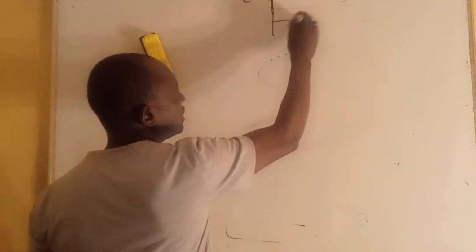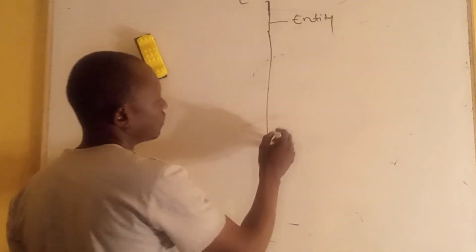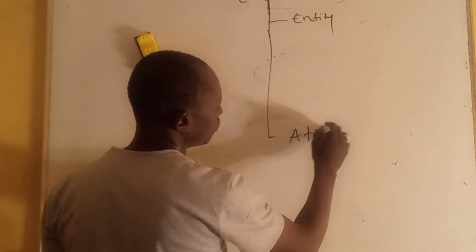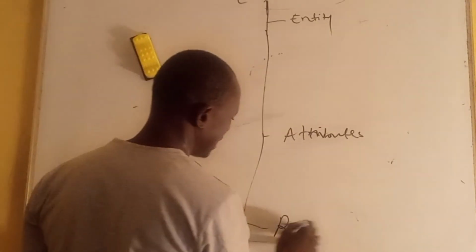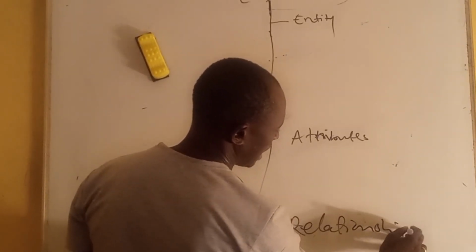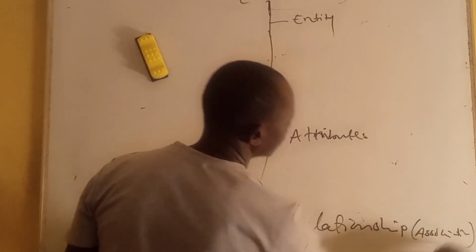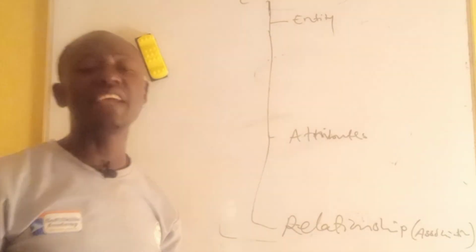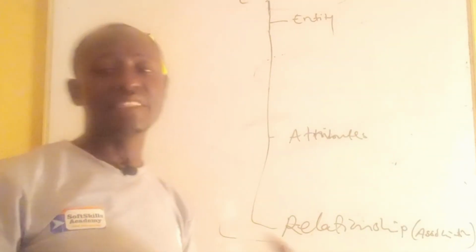We have entity, attributes, and relationship, which is the association. In entity, we have what we call entity types and then entity sets.